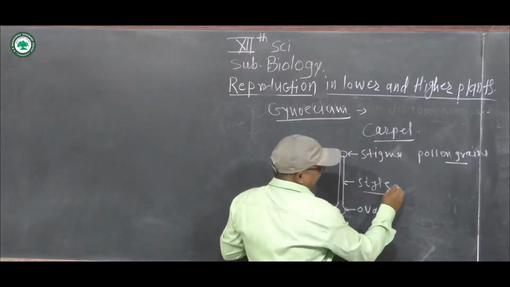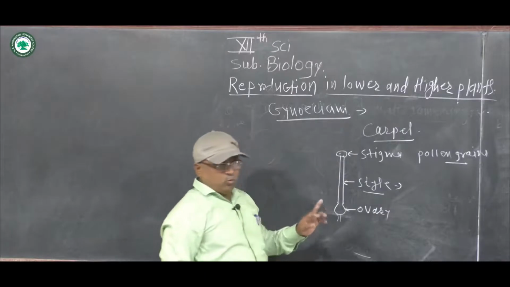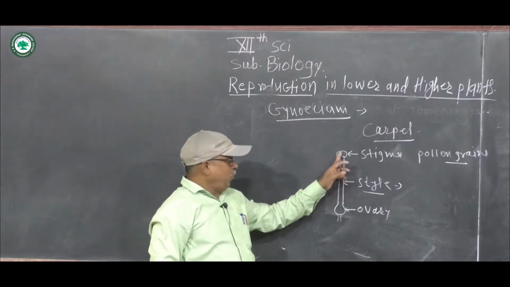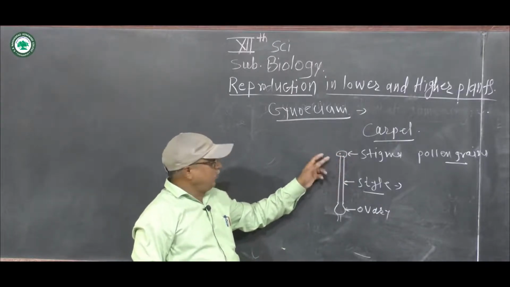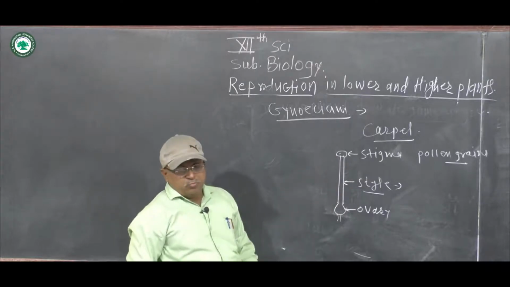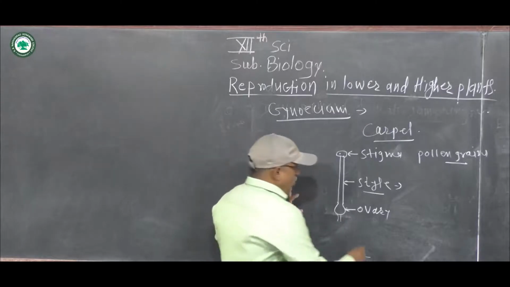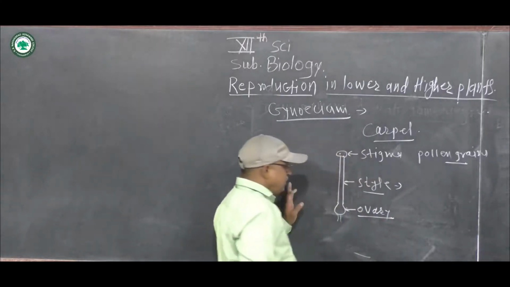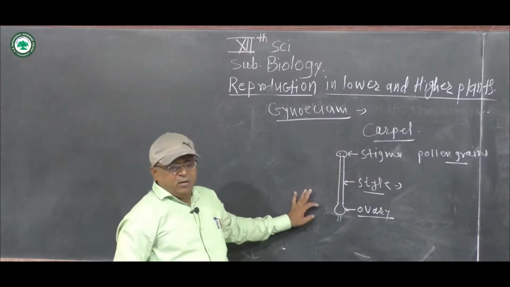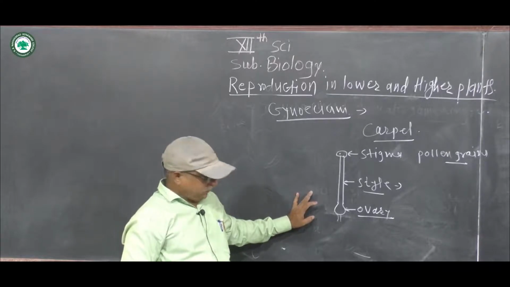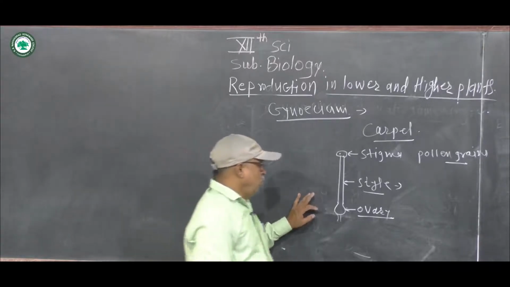Style gives the way to the pollen tube, when pollen grain germinates and gives way to the pollen tube to pass towards the ovules. Ovary is the female organ of the flower in which ovules are present.